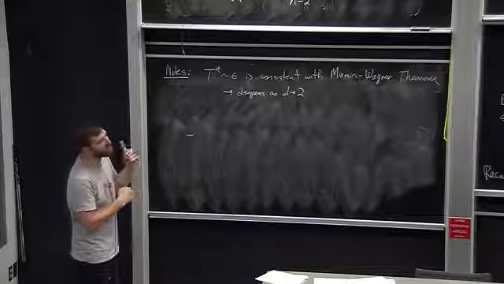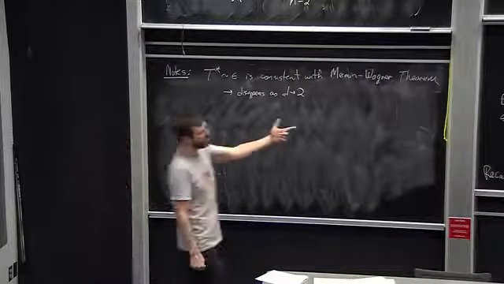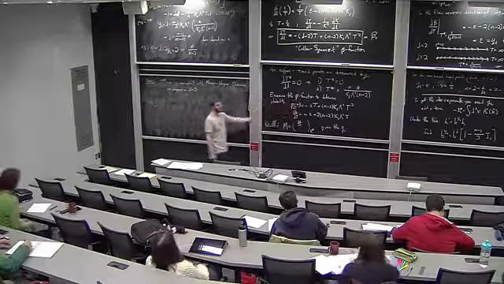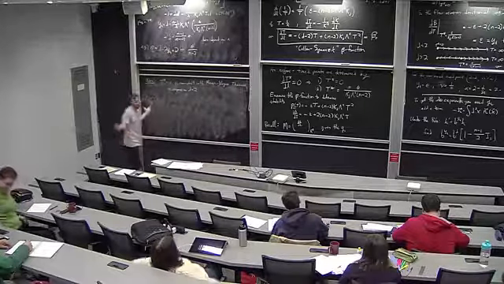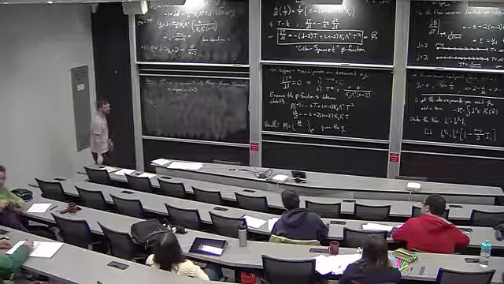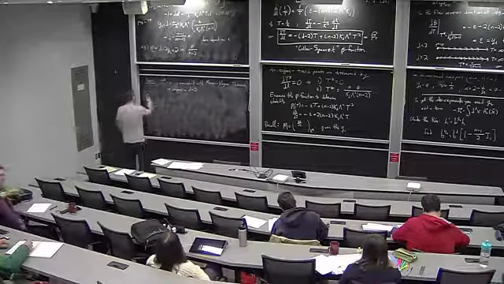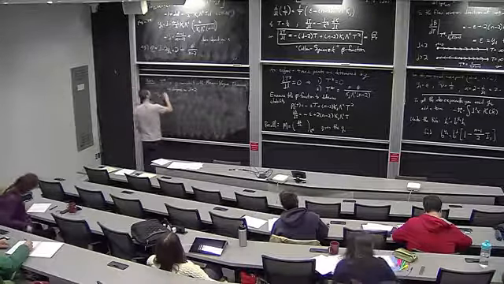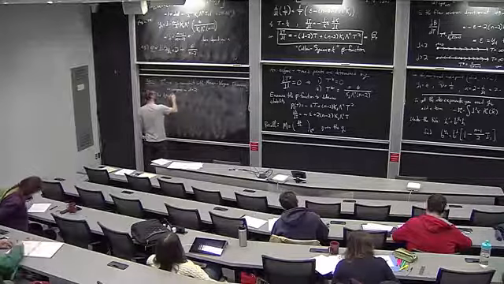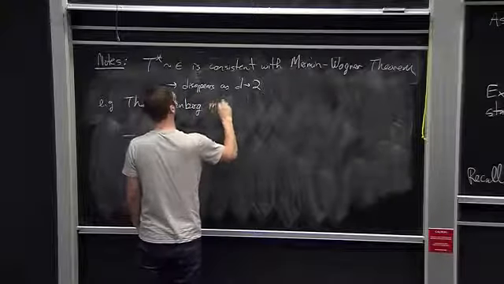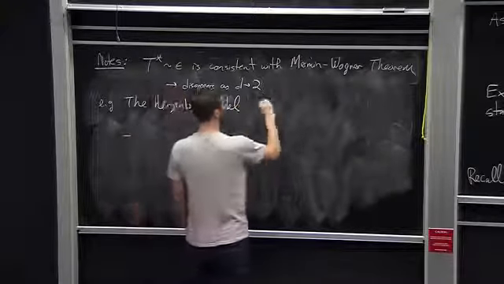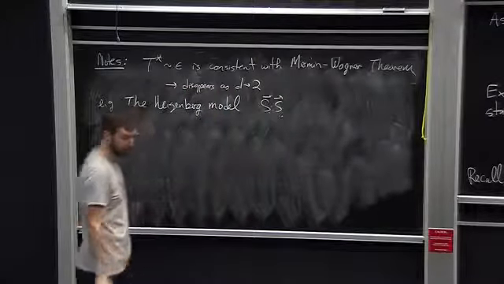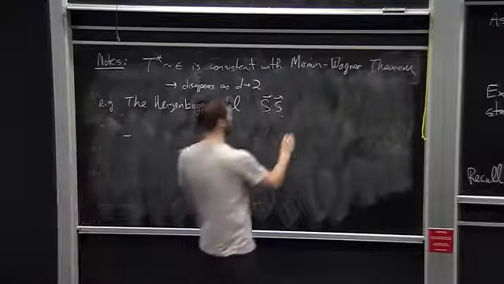So if you still consider n greater than 2, like in this equation, then there are physical magnets, say, that have that symmetry. So for example, the Heisenberg model. So this would tell you that the Heisenberg model, which has 3 component spins, S_i dot S_j in the Hamiltonian, that's n equals 3.